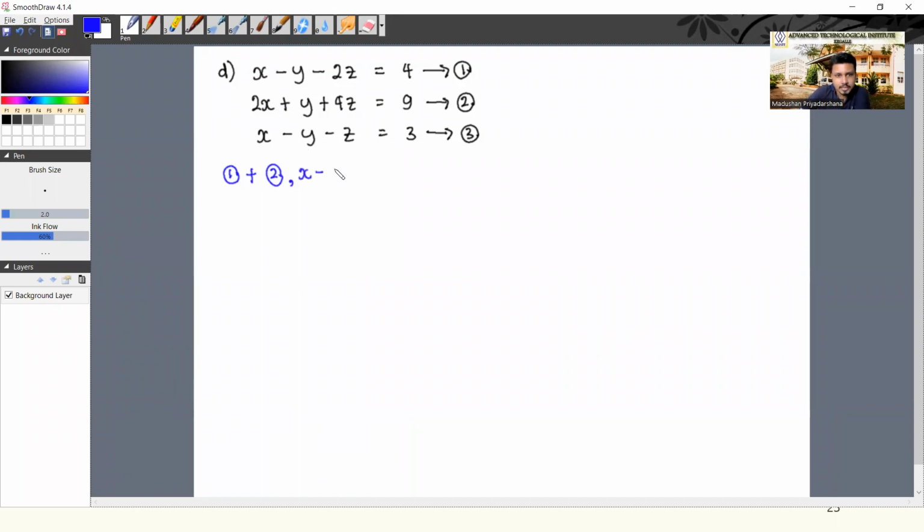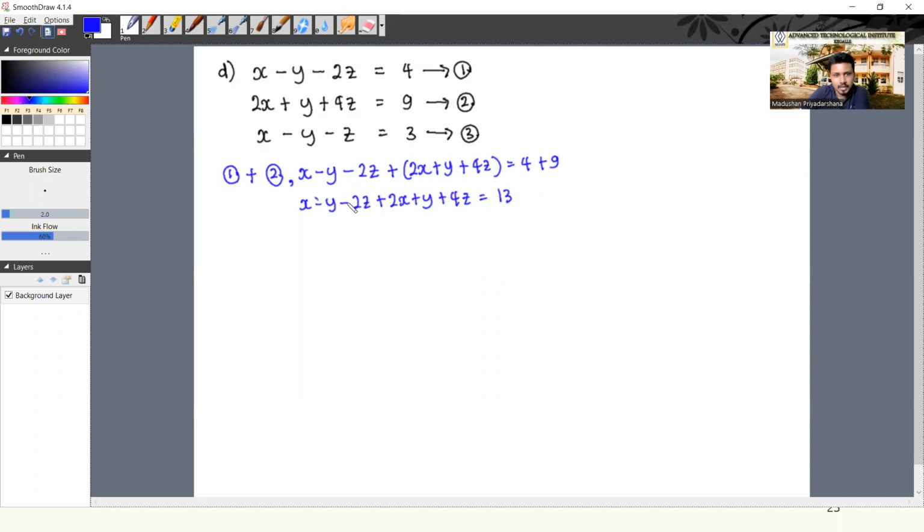So let's add these two. Equation 1 plus equation 2. x minus y minus 2z plus 2x plus y plus 4z equals 30.